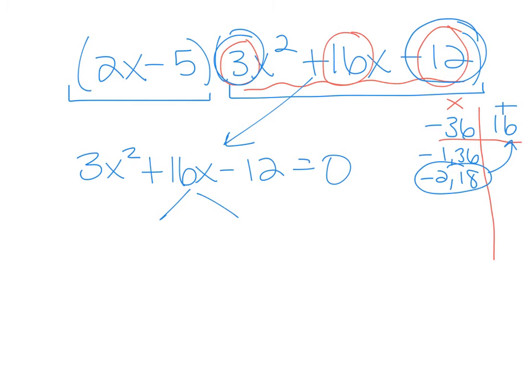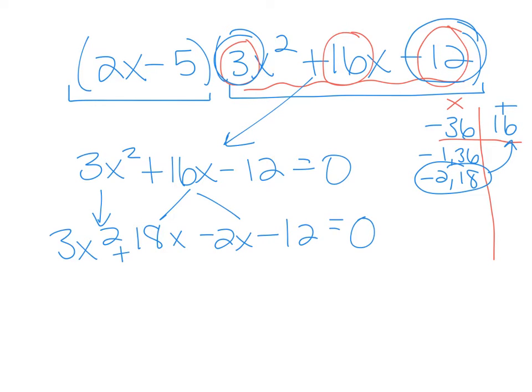I'm going to split up this 16x as 18x minus 2x, and I'm going to carry down the 3x squared term, and I'm going to carry down the minus 12 here, and that's still equal to 0.